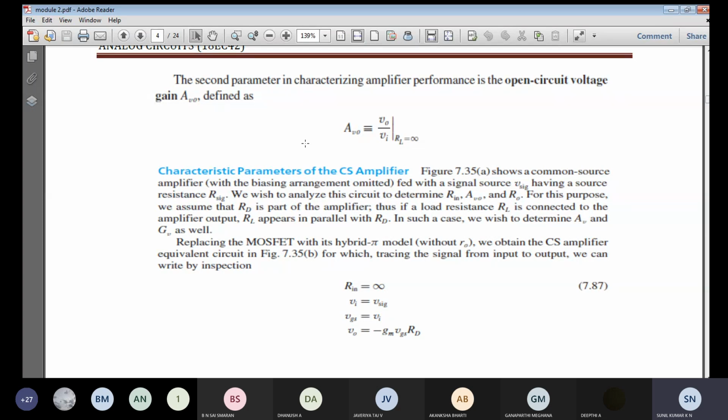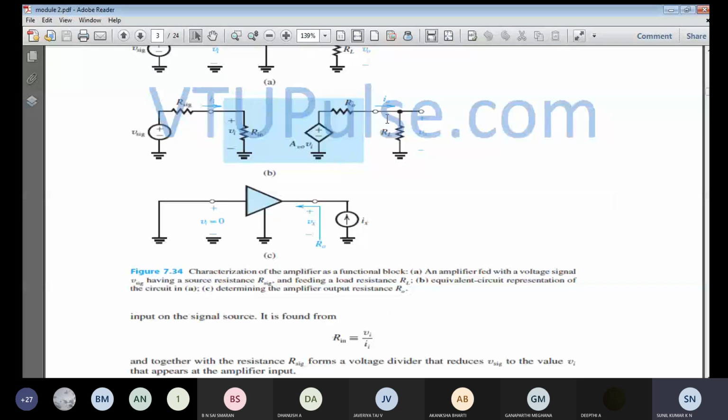There is a difference, and I have explained it in the previous class as well. Without including RL, whatever gain you get is nothing but the open circuit voltage gain, AV0. AV means circuit voltage gain, V0 divided by Vi. Across the load resistance, whatever the output voltage is, the ratio of that output voltage to the input voltage is called the circuit voltage gain.